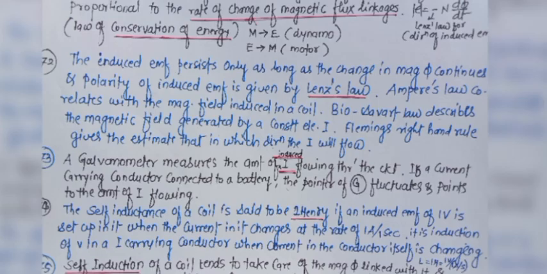Self-induction of a coil tends to preserve the magnetic field linked with it and opposes any change in the flux by inducing a current in it. Therefore, it is called the inertia of electricity.